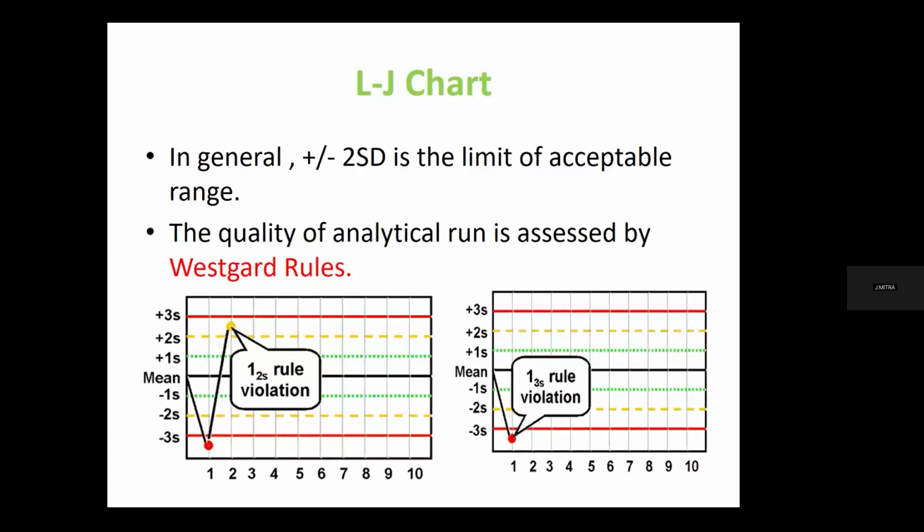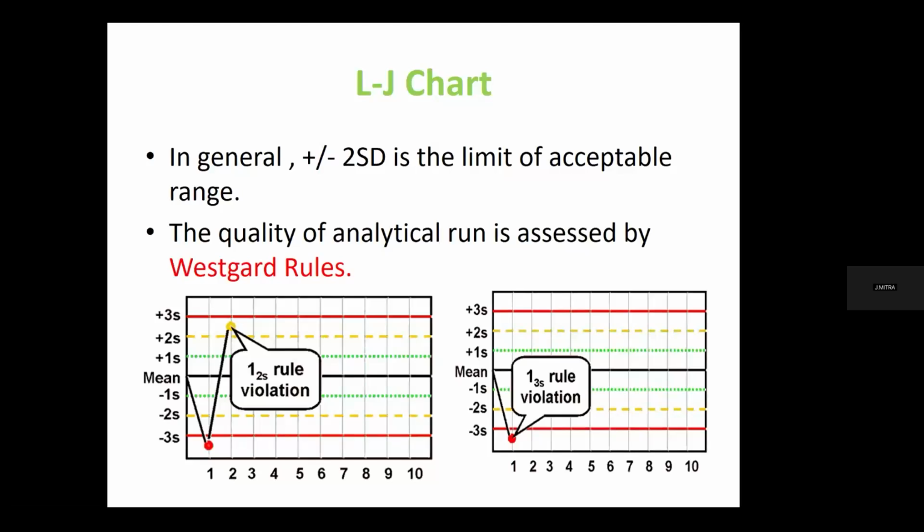I gave 2 examples: one 2S rule violation on the left side, and one 3S rule violation on the right side. On the left side, as you can see, the control value goes beyond 2 standard deviations, so that is one 2S violation. On the right side, the red dot goes beyond 3 standard deviations. That is one 3S rule violation.